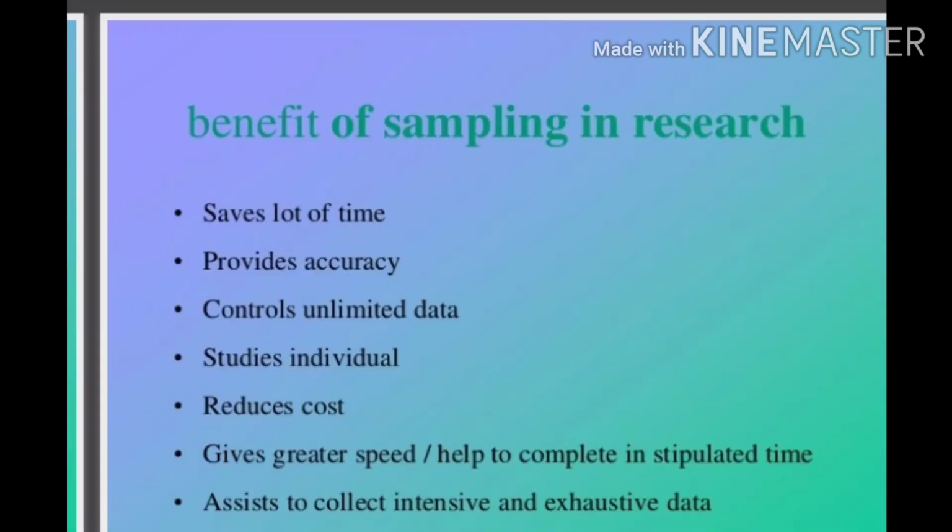Benefits of sampling in research: it saves a lot of time, provides accuracy, controls unlimited data, studies individuals, reduces cost, gives greater speed, helps to complete in the stipulated time, and allows collecting intensive and extensive data.